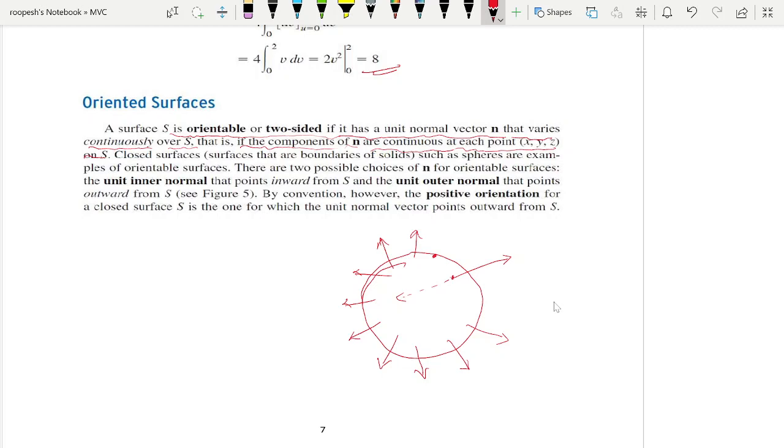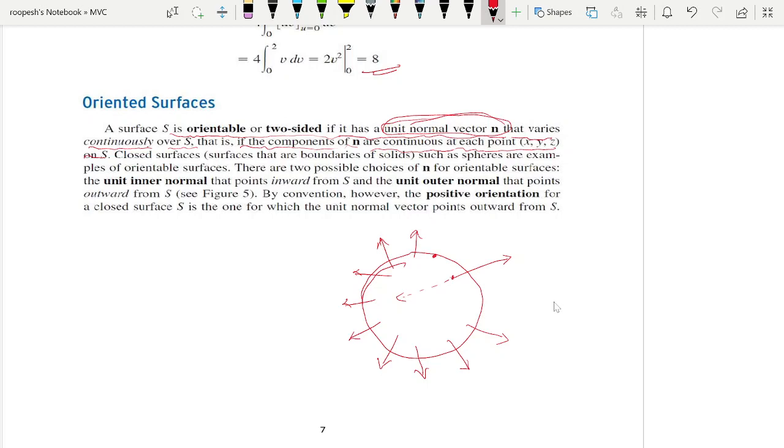That means if you can give a unit normal vector to a surface, we will say that it is an orientable surface. In general, if the surface is connected, you will get exactly two orientations.